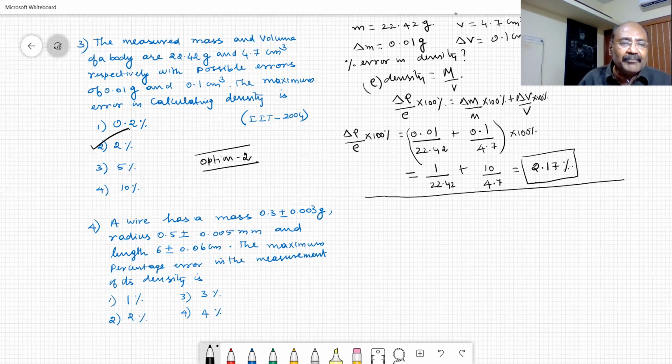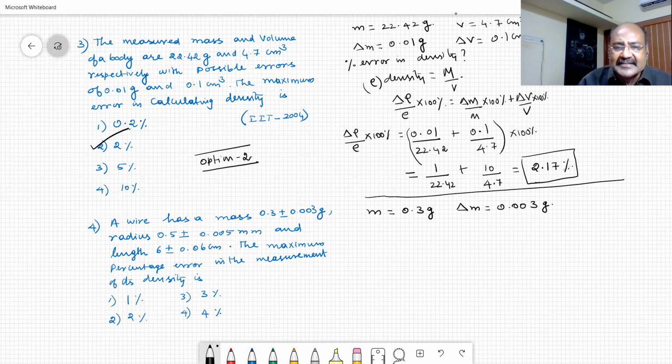Problem number 4. A wire has a mass of 0.3 plus or minus 0.003 gram. So I can write mass M equal to 0.3 gram, whereas delta M is equal to 0.003 gram.